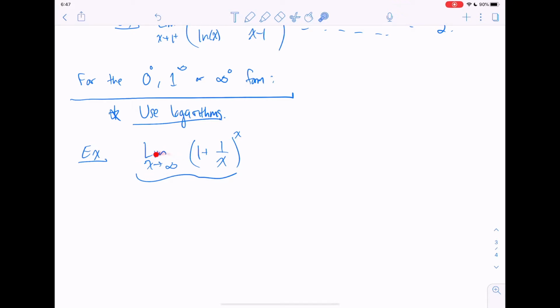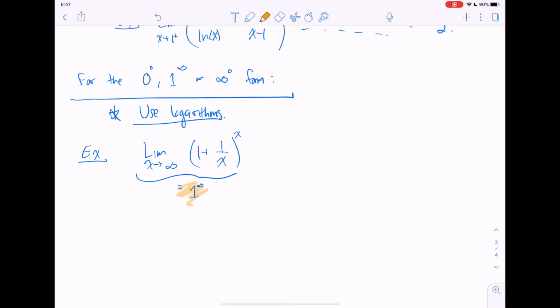When x goes to infinity, 1 over x goes to 0. This goes to 0, this goes to 1. So this is of the form 1 to the infinity, which is one of our indeterminate forms.